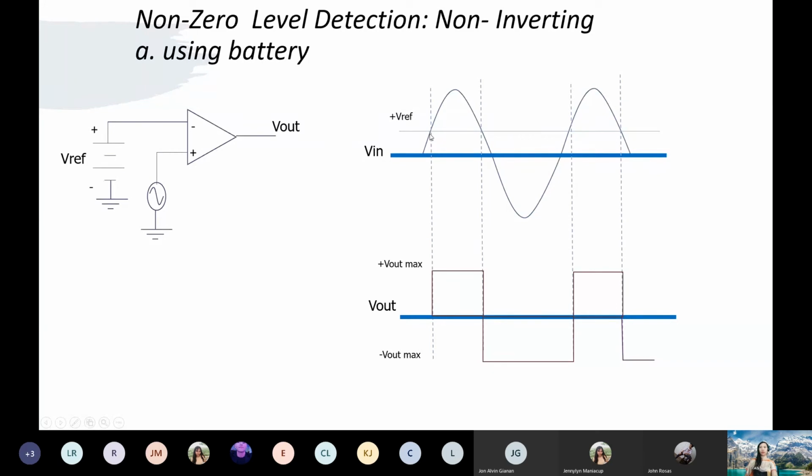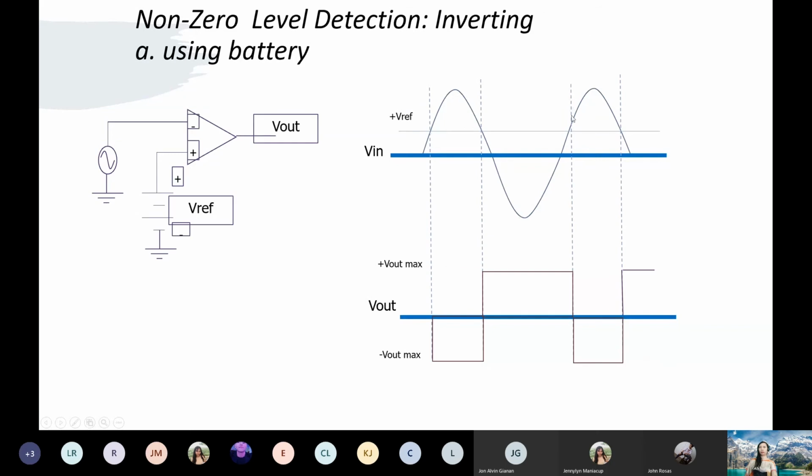Let's say at this point, that's when V out changes to positive. Then it stays positive up until here. When the input voltage crosses this Vref again, the output changes from positive V out to negative V out, and it stays that way until the next Vref.